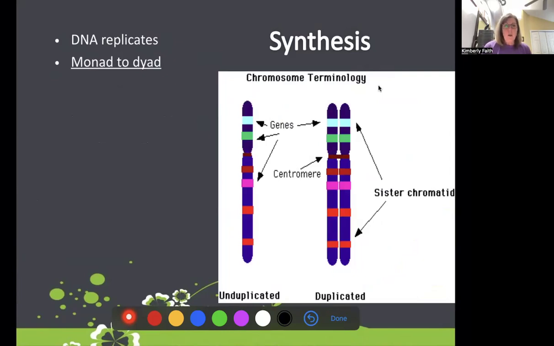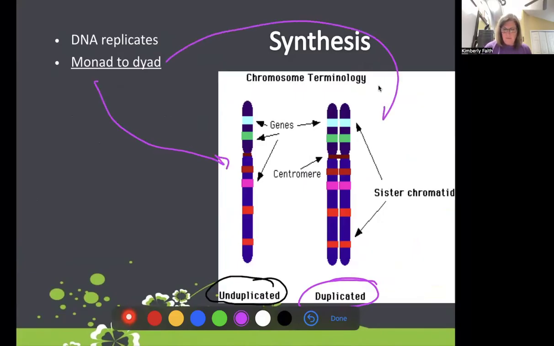In synthesis, we go from our unduplicated to our duplicated chromosome. This is often called monad for one or dyad for two, the two sisters. You have what's called sister chromatids. They're identical, and we're going to get into how exactly DNA copies itself.